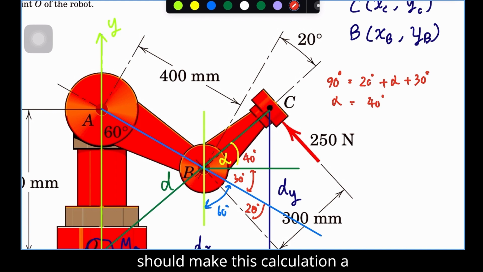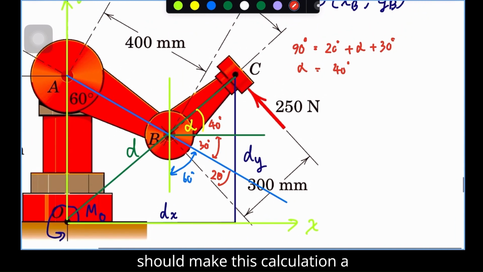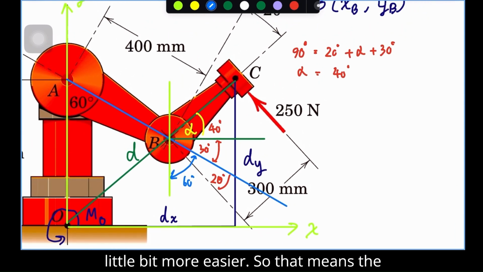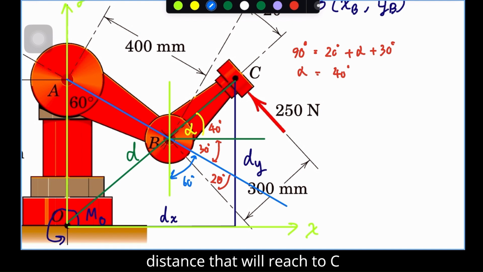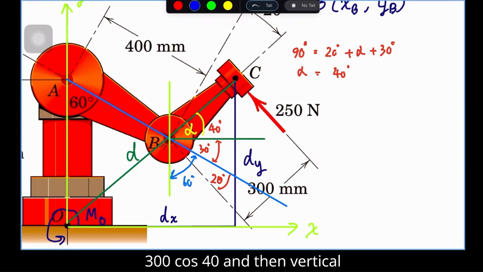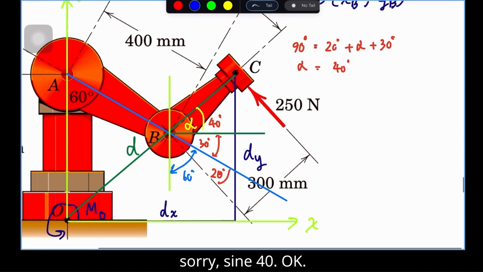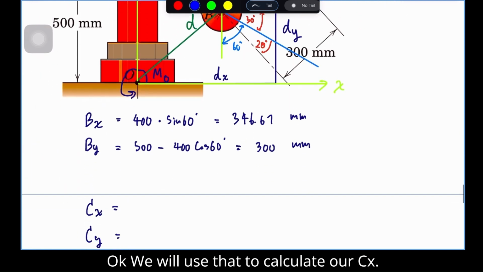That should make this calculation a little bit easier. So the horizontal distance to reach C should be 300 cos 40, and in the vertical axis it should be 300 sine 40.